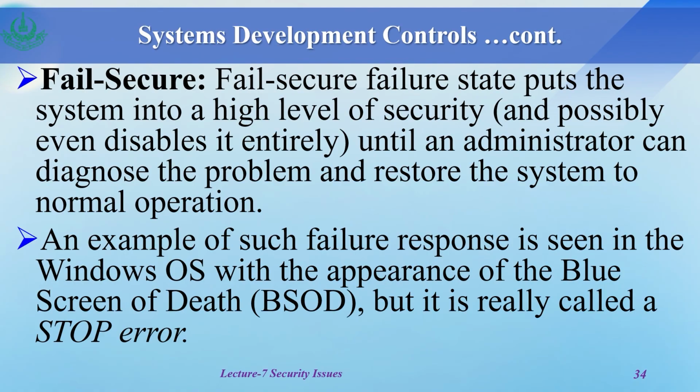Fail secure: the failure state puts the system into a high level of security and possibly even disables it entirely until an administrator can diagnose the problem and restore the system to normal operation. An example of such a failure response is seen in the Windows operating system with the appearance of the blue screen, or so-called screen of death, but it is really called a stop error.